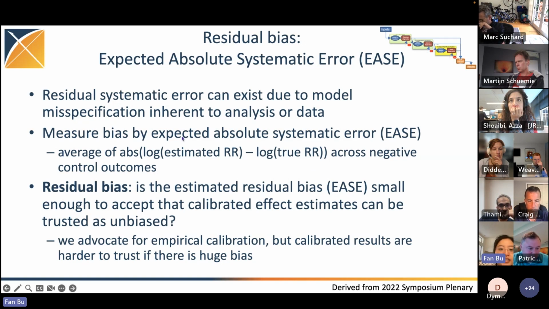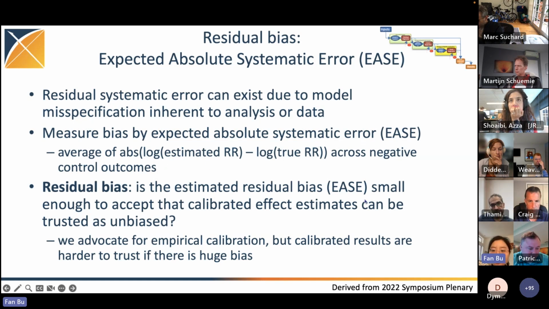So what we do here is we estimate something called the expected absolute systematic error, which is the average of the absolute estimation error in the log relative risk across all the negative control outcomes. Usually we use a set of between 50 to 100 negative control outcomes to estimate this quantity.